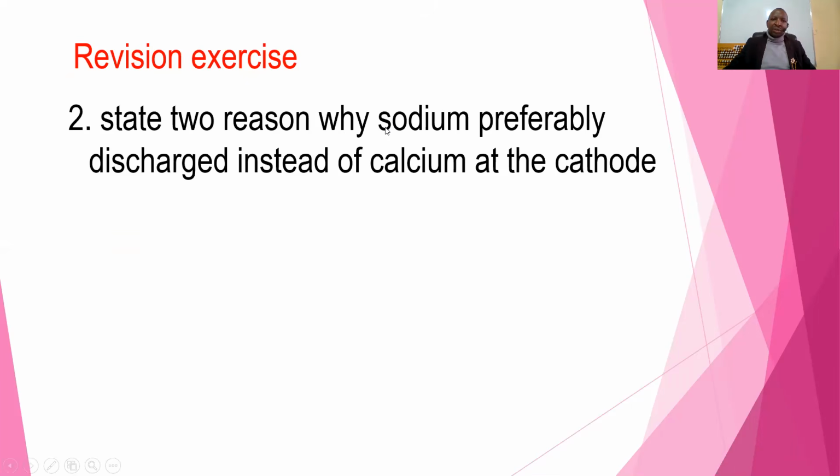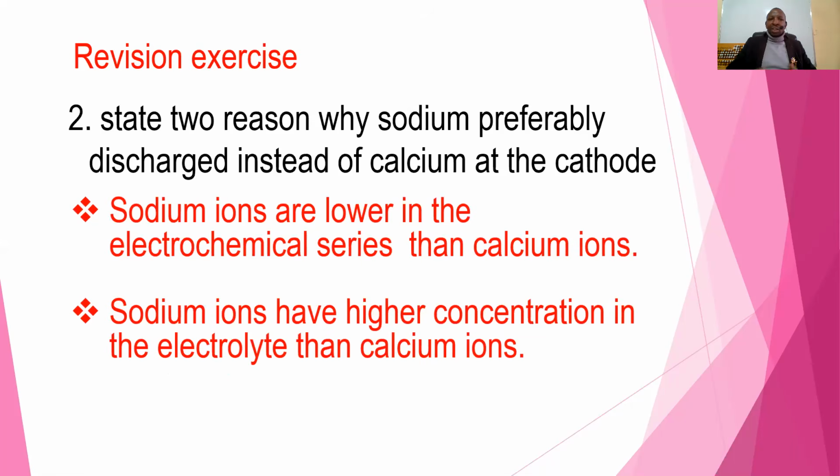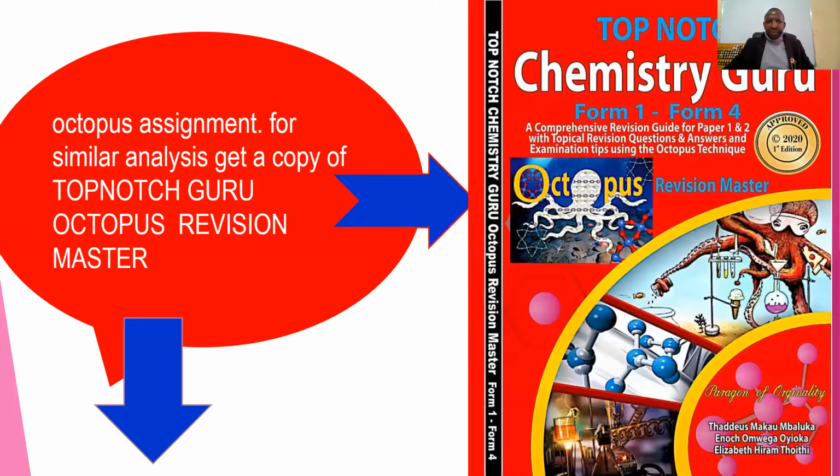The two reasons why sodium is preferably discharged instead of calcium at the cathode: sodium ions are lower in the electrochemical series than calcium ions, and sodium ions have a higher concentration in the electrolyte than calcium ions.